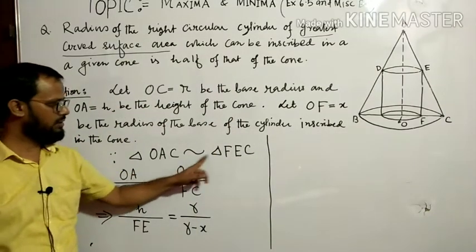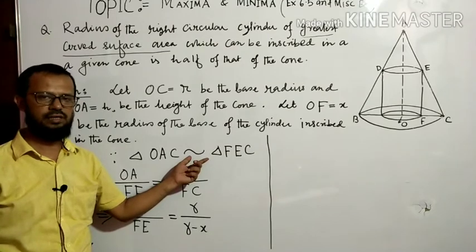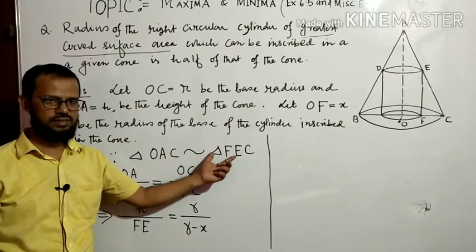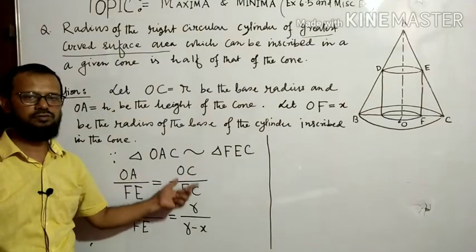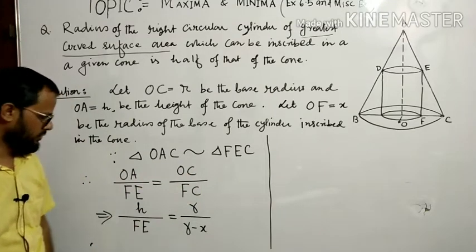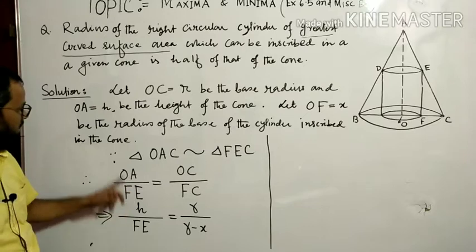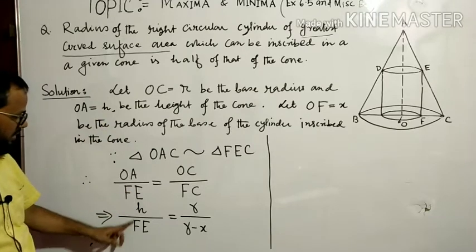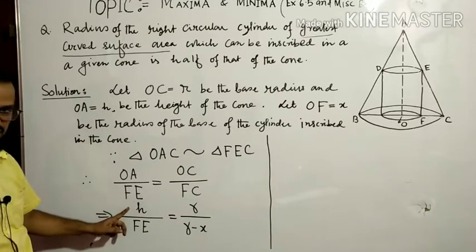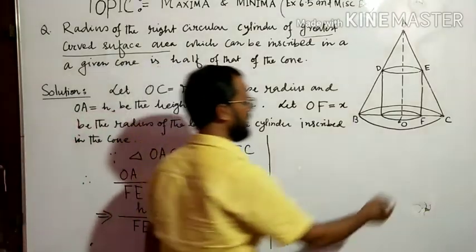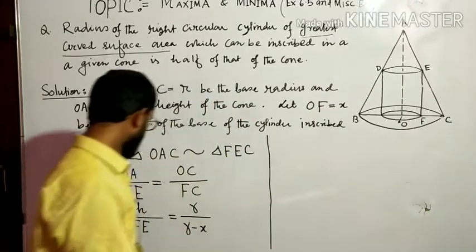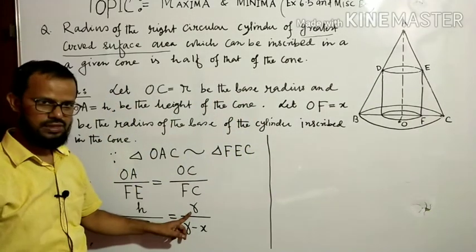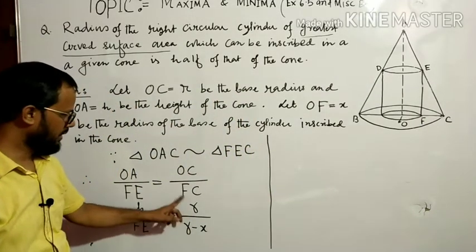Both triangles are similar, therefore their corresponding sides will be in ratio. OA equals H, and we do not know FE. FE means the height of the cylinder, and OC is equal to the radius of the base of the cone.